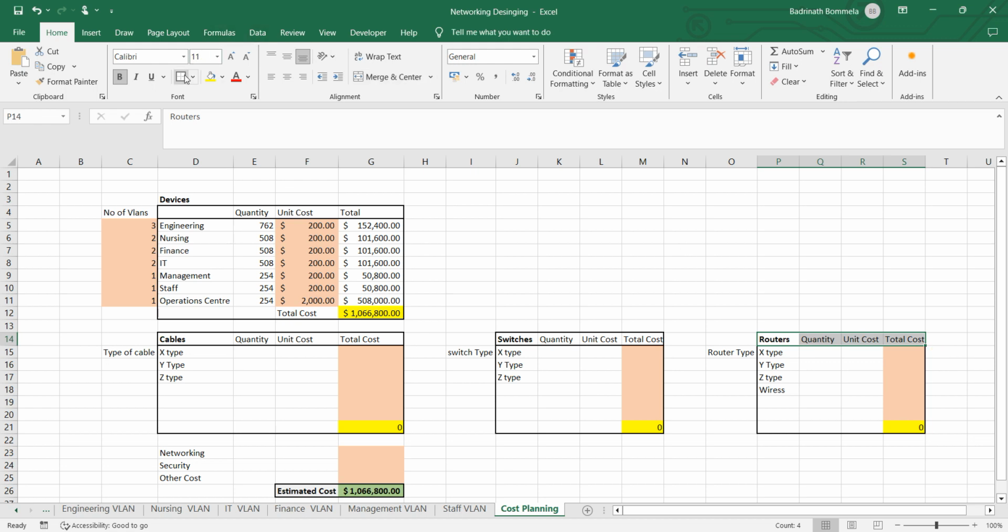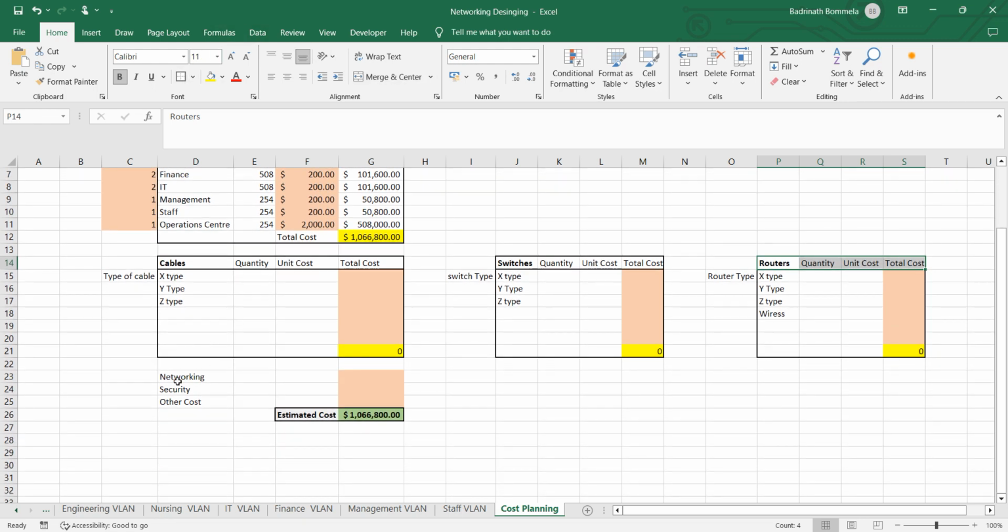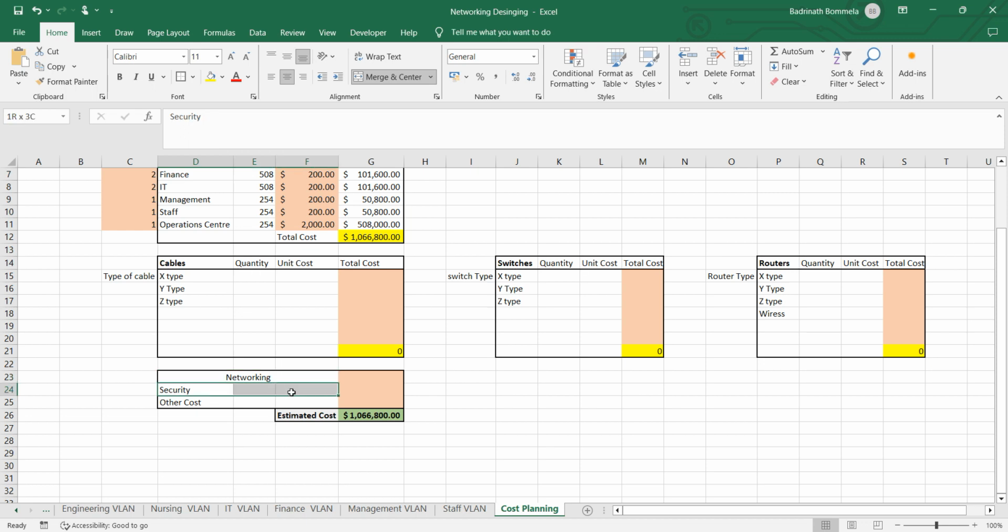You can include this table after writing your own numbers, and for other costs, this can be selected. You can change these headings. For example, rather than other cost, you can include anything, for network implementation or network creation, some sort of writing you can write here. You can give your own names.